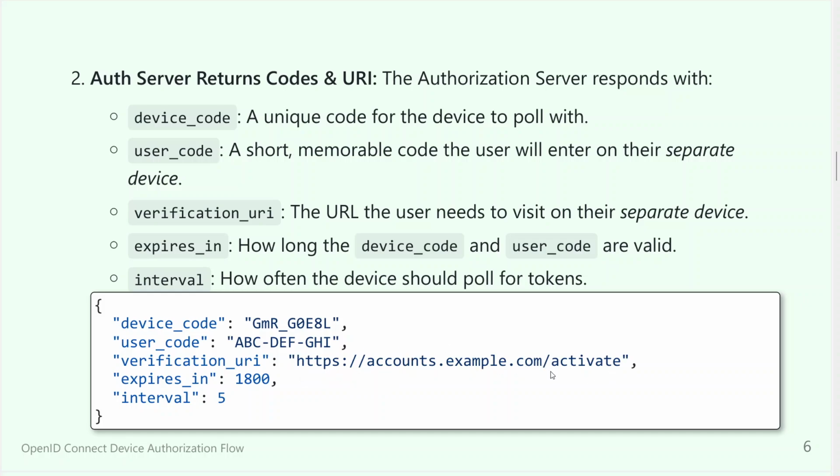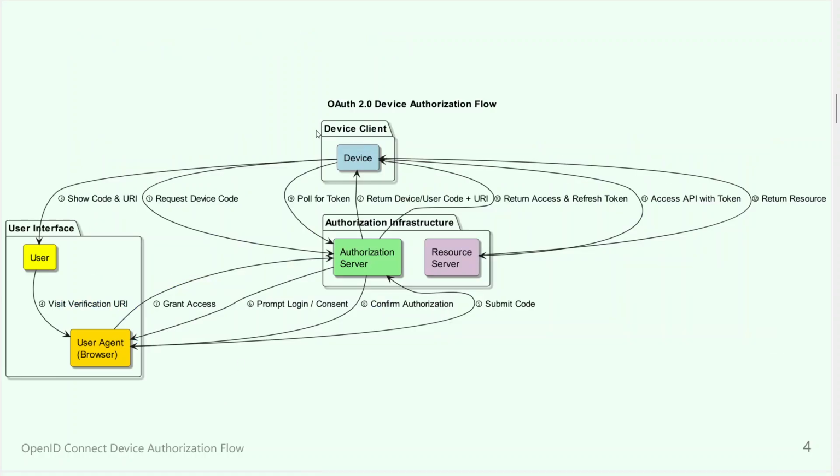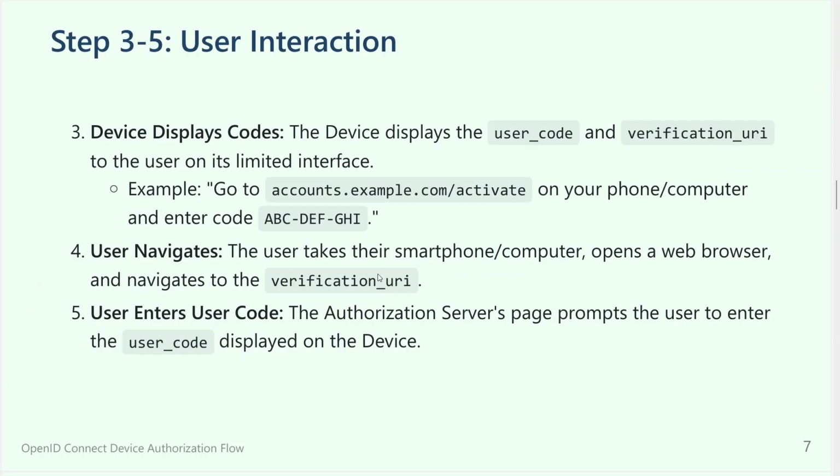It's quite common to see this on smart TVs. Then you have an expiration time, meaning after this time these codes will be invalidated, and of course you cannot use them later to try to authenticate tomorrow or something like that. And this is the interval for the polling, the pinging from the device to the authorization server.